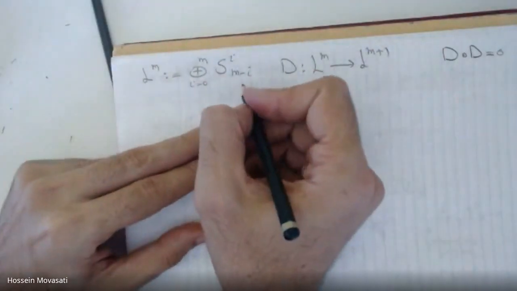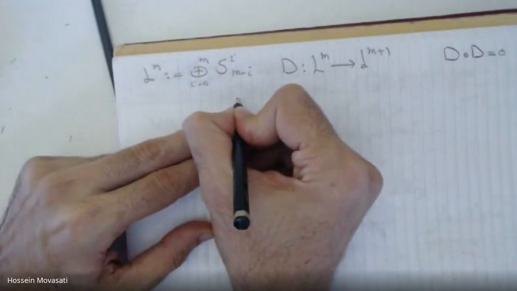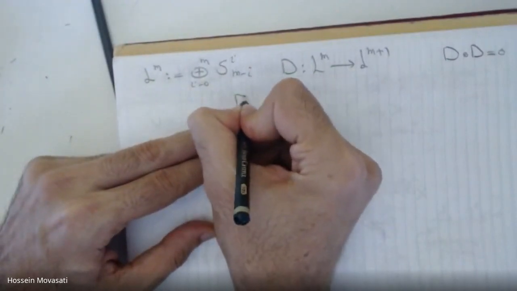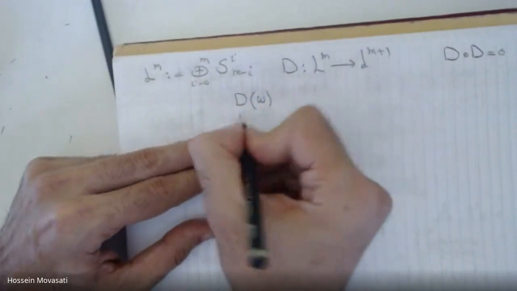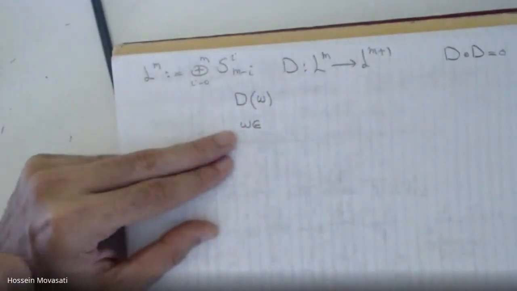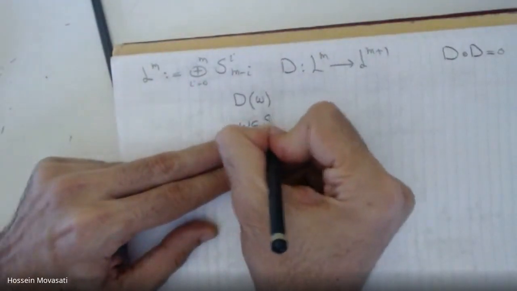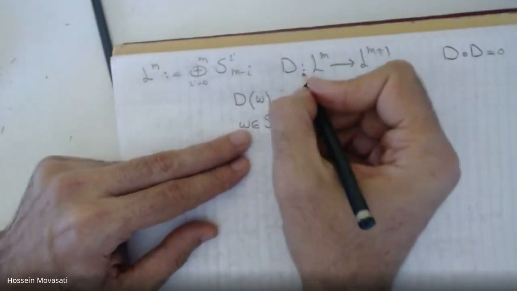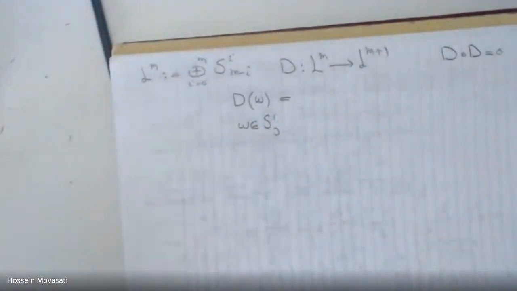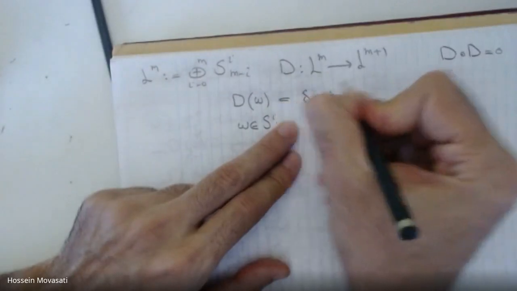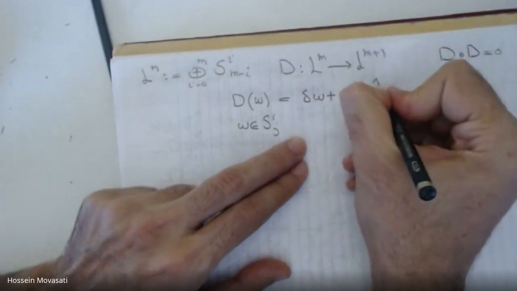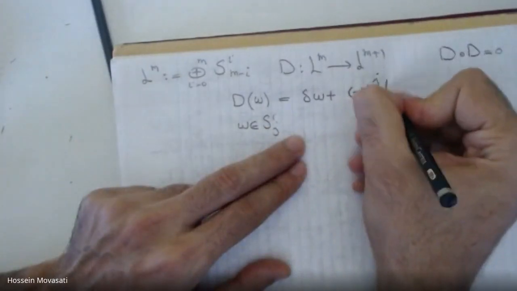So the definition is that D of an element omega will be delta omega plus minus 1 to the j times d omega. In a moment I will explain this one.